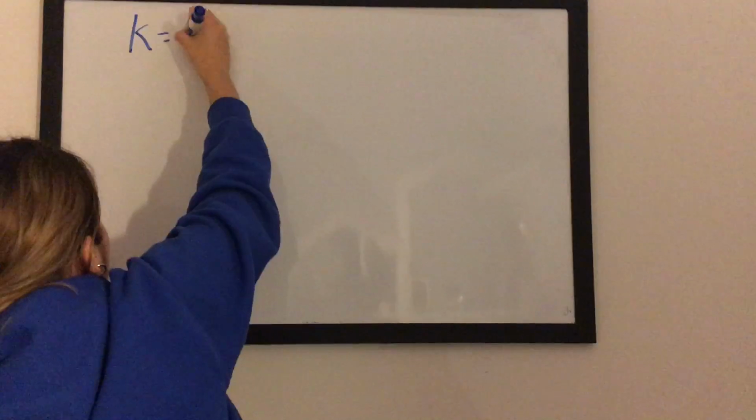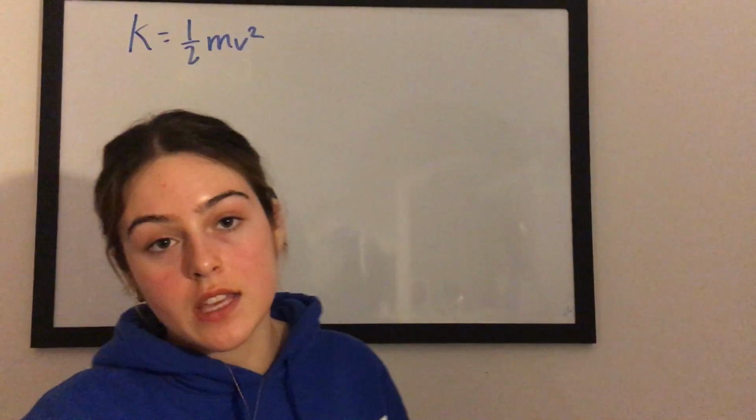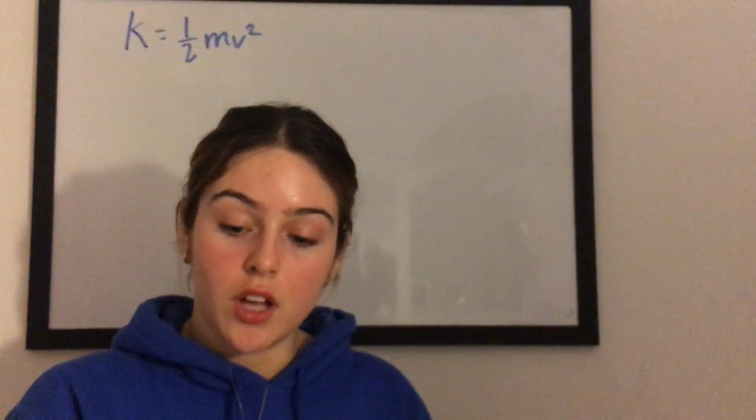Kinetic energy can be defined as the ability or capacity of a moving object to move another object, and it is often modeled by the following formula: K is equal to 1/2 mv squared, where m is mass and v is velocity.